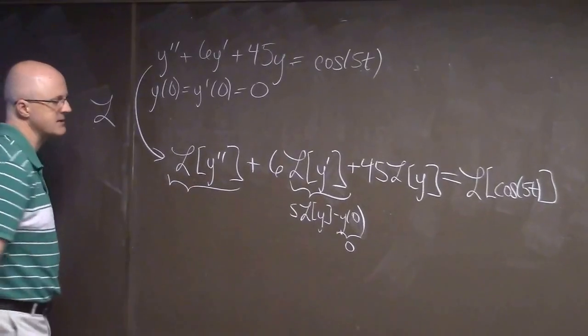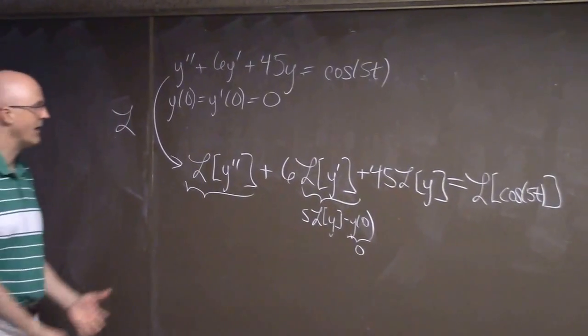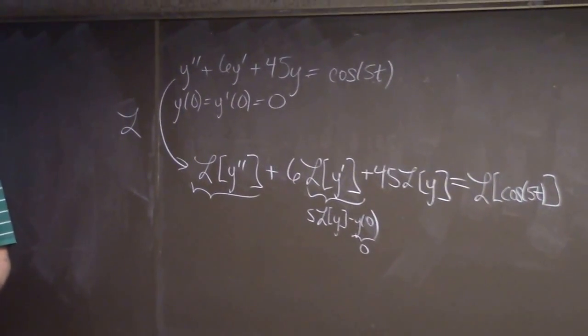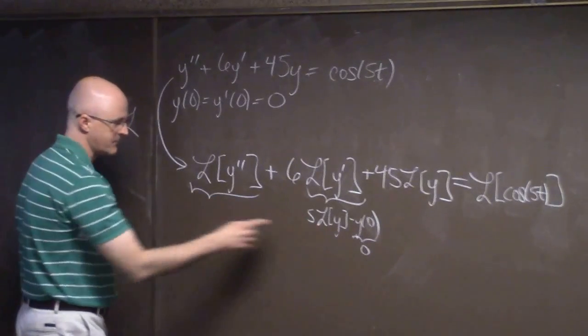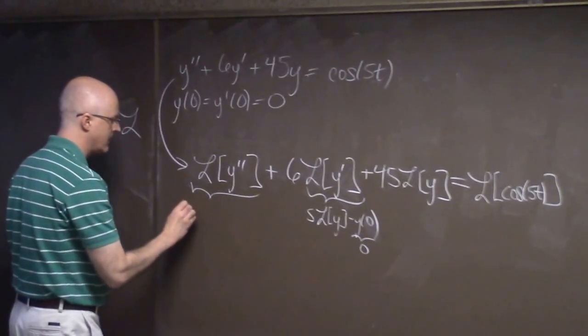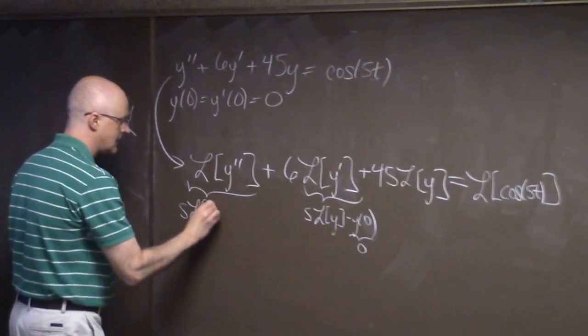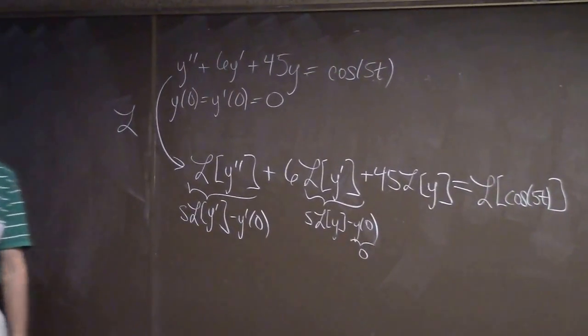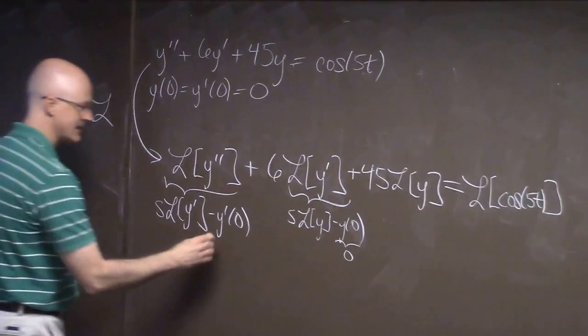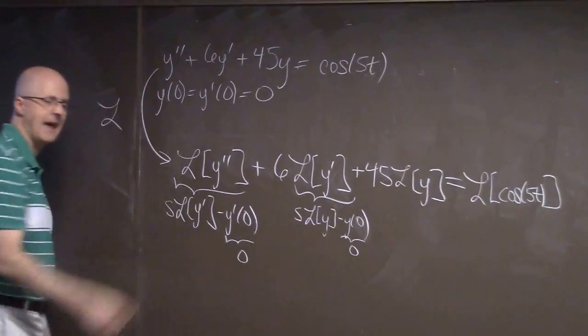What about the Laplace transform of the second derivative? Well, the second derivative of y is the first derivative of the first derivative. So we can essentially use the same kind of property except replace the y with y prime. Like that. Once again, this thing right here is 0. It didn't have to be 0.